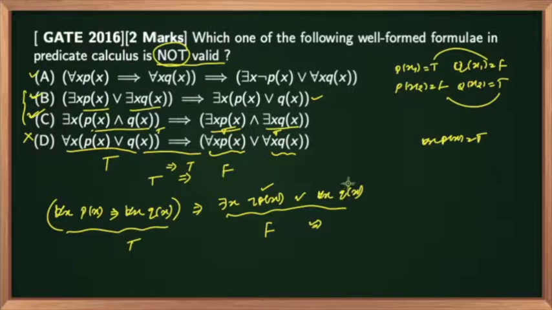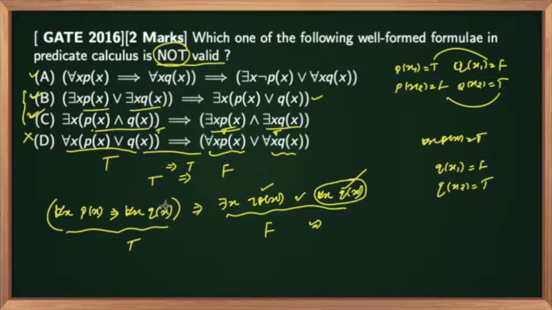Now for all x Q of x, this should be false, right? So if there exists at least one x for which Q of x is not true, then for all x Q of x will be false. So I can say that, for example, Q of x1 is equal to false and Q of x2 is equal to true.